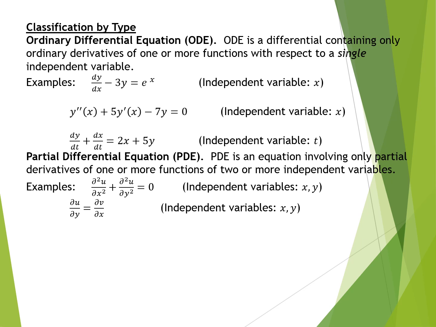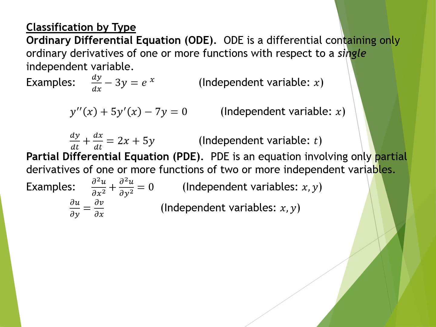The first example is an ODE because the independent variable here is only x. The next equation is again an ODE because there is only one independent variable, x. The parenthesis there is a function of x. And the next DE is also an ODE because the independent variable is t. Of course, the dependent variables here are y and x.